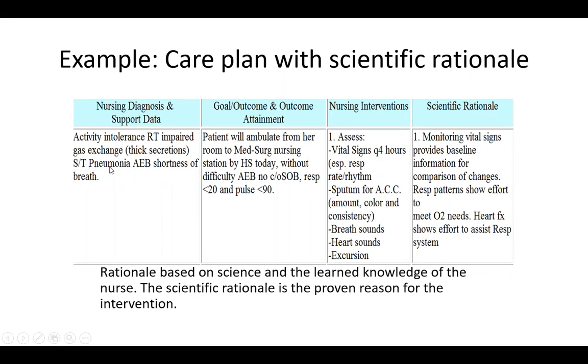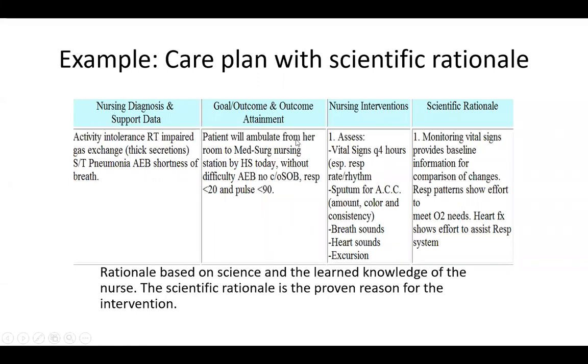It is related to pneumonia, as evidenced by shortness of breath. So the patient's having shortness of breath, which makes him not tolerate activity. And the reason he has that is he has thick secretions because he had pneumonia and he's not getting enough oxygen. So all that's what I've seen, and that's my diagnosis.